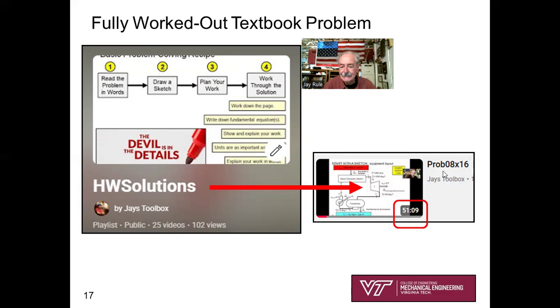Problem 8.16 will get you a demonstration of how to work out all the numbers, all the details, all the first law, second law analysis, and continuity equation for a very traditional Rankine cycle with superheated vapor and adiabatic but irreversible pump and turbine.